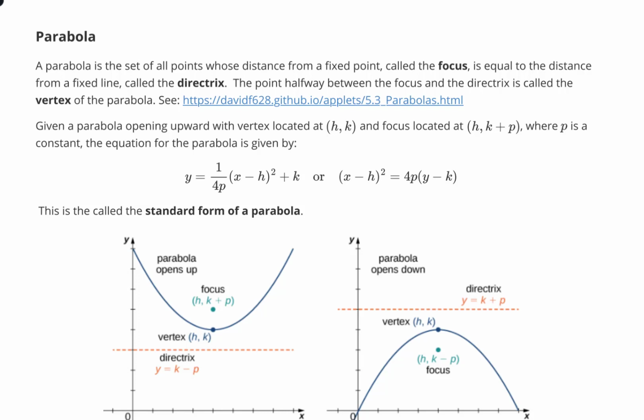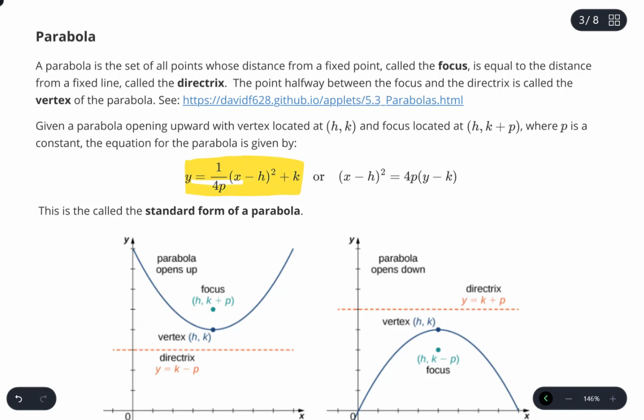So, given a parabola opening upward, with a vertex location at (h, k), and a focus located at (h, k + p), where p is a constant for the equation, then the equation for the parabola would either look like this, which is a bit messy, because we have this constant 1 over 4p.